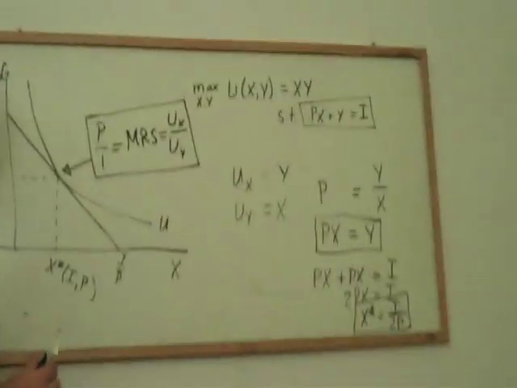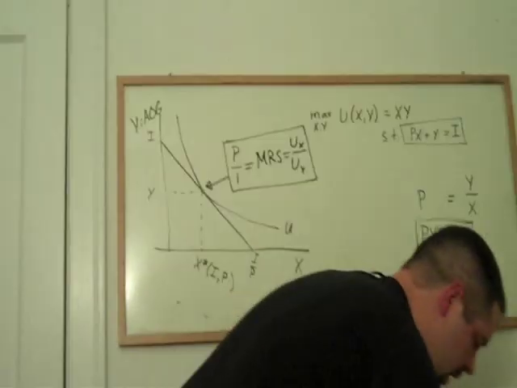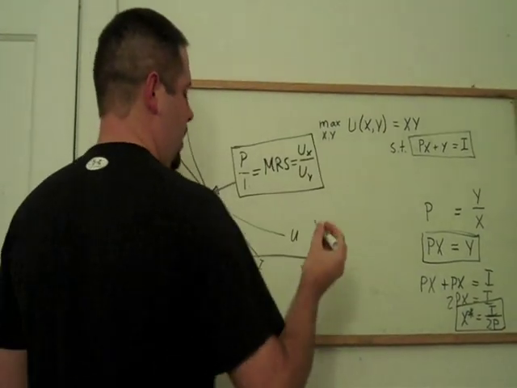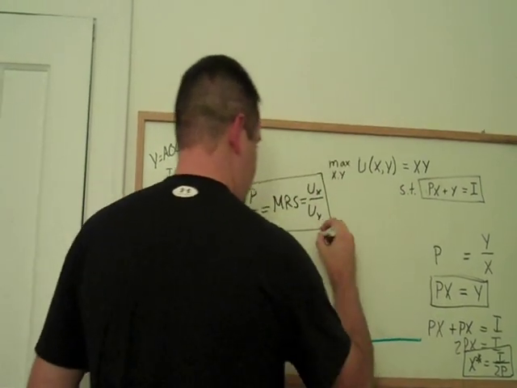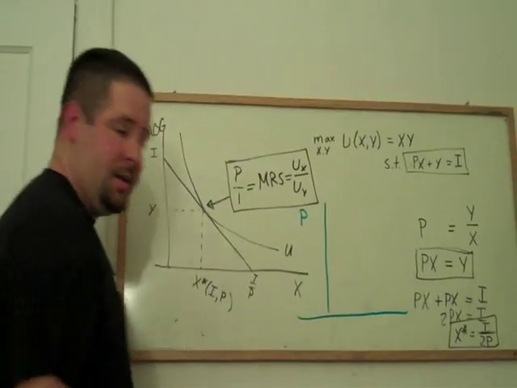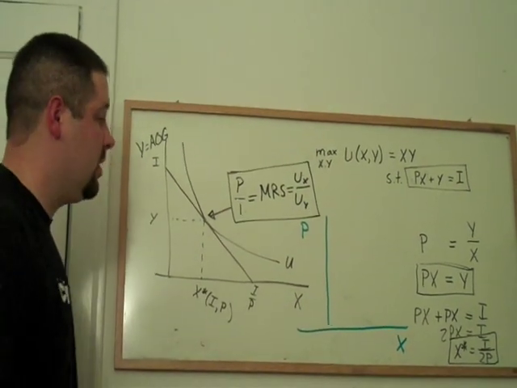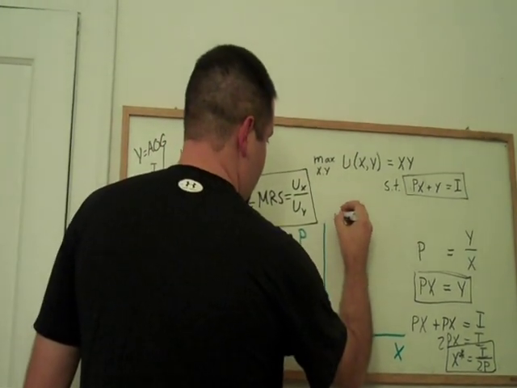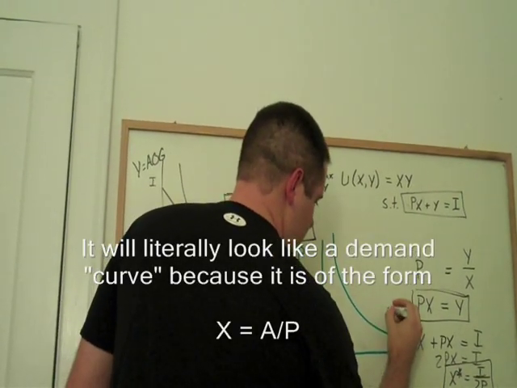Moreover, let's erase the partial derivatives and draw this demand curve. There's the price on the vertical axis, and the quantity of x is on the horizontal axis. And our demand curve will look something like that.